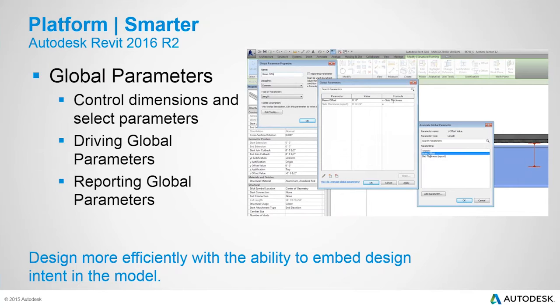These can pull a value from a dimension and then use that value in another global parameter using the equations that you add in. So keep in mind, if you start looking at these global parameters, there are two types. Subject to what you need to drive, decide what's going to be the best way to make that flex happen. Is it going to be from reporting or from driving?